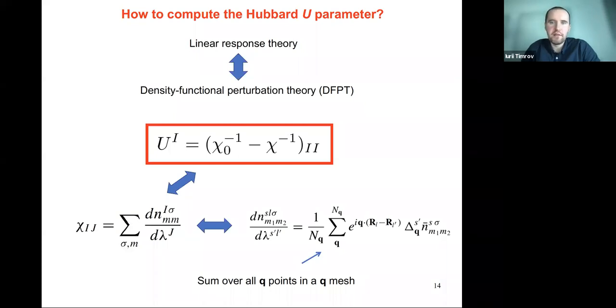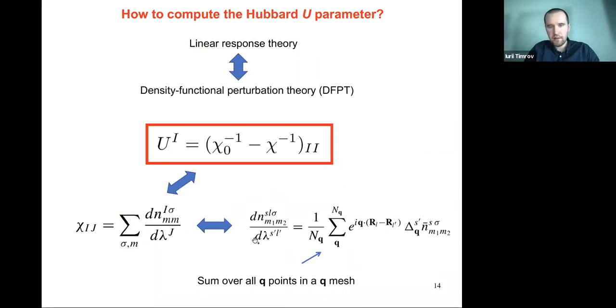It's quite theoretically involved, so I will not discuss it here. Just say that U is defined in this way, where chi and chi naught are so-called response matrices, which can be computed by obtaining the response of our occupation matrix to some perturbation with the strength of the perturbation lambda.